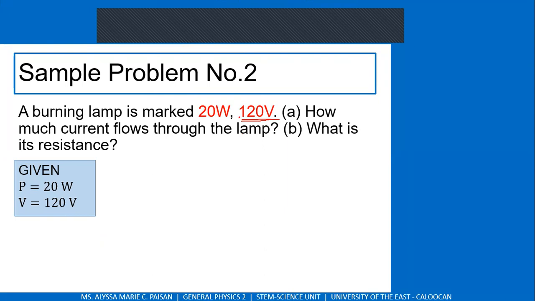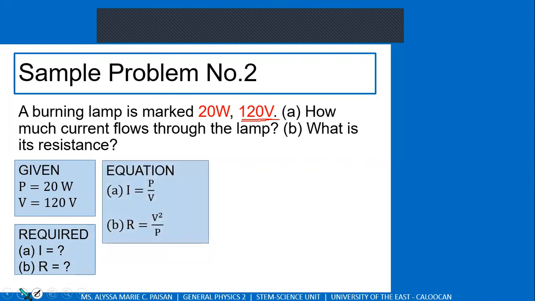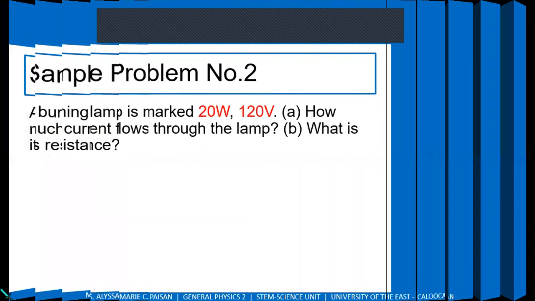And then letter B, what is the resistance? So, we have P is equal to 20 watts and V is equal to 120 volts. We are looking for the current as well as the resistance of the burning lamp. For the current, we have I is equal to P over V. This one, wait lang. Titignan ko kung naisulat ko na hindi pala naisulat.